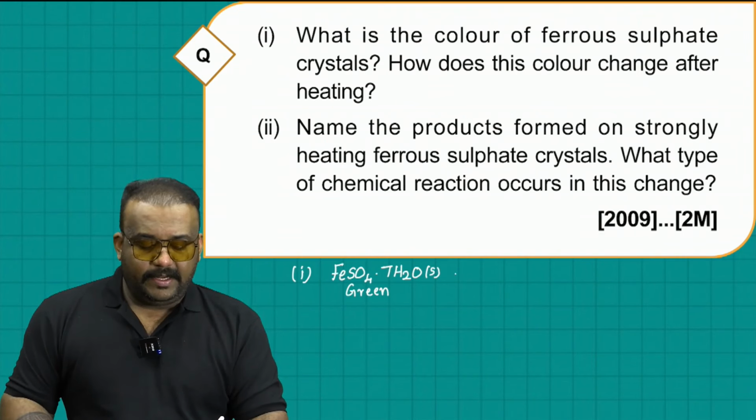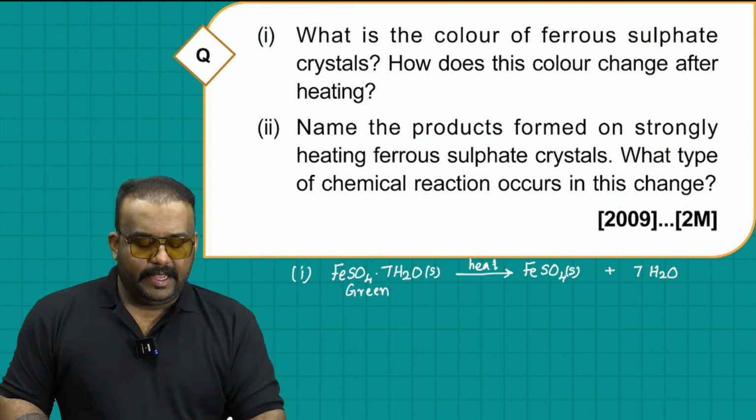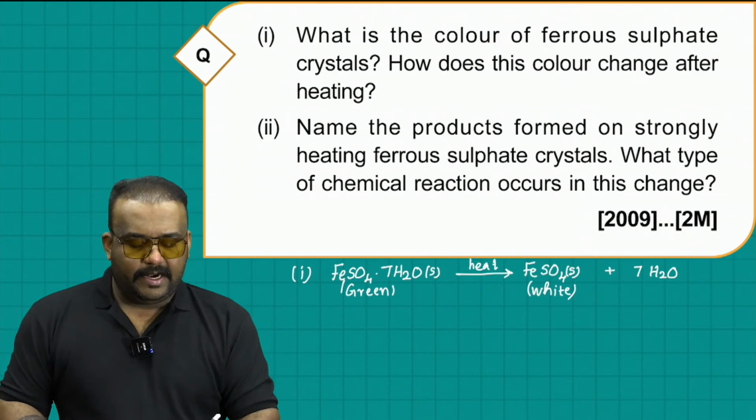So, when you heat ferrous sulfate, all the water which is present in the crystal will be evaporated, leaving only ferrous sulfate, which is colorless or having a white color.